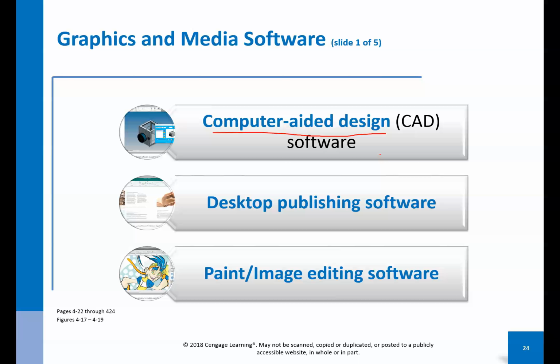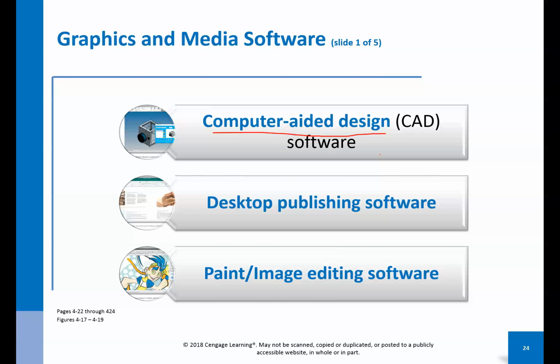Today's people using computer-aided design would normally be power users. They would have some design work to do in engineering, or in building, in architecture, or sometimes even in graphic design. Simply put, this is the detailed or technical drawing software.